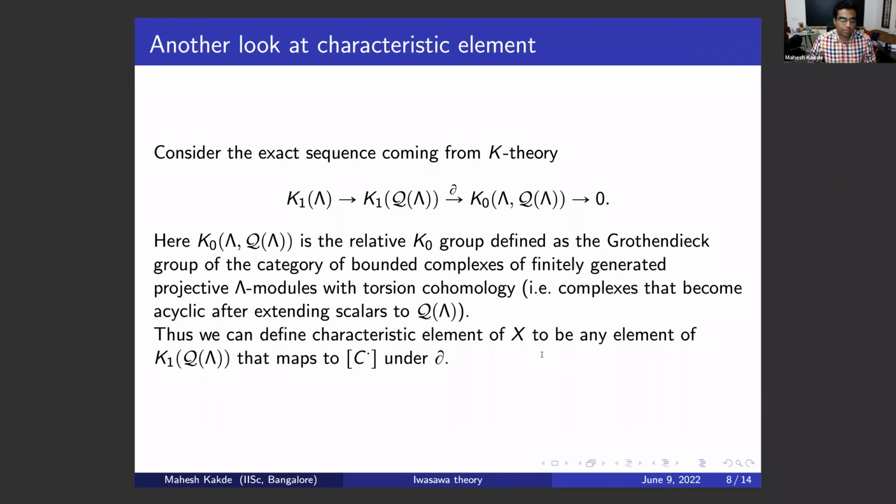this for more general Iwasawa algebras. And what I'm going to tell you about is what exactly is done for non-commutative, non-abelian extensions. Okay, so when gamma is replaced by a non-abelian group.